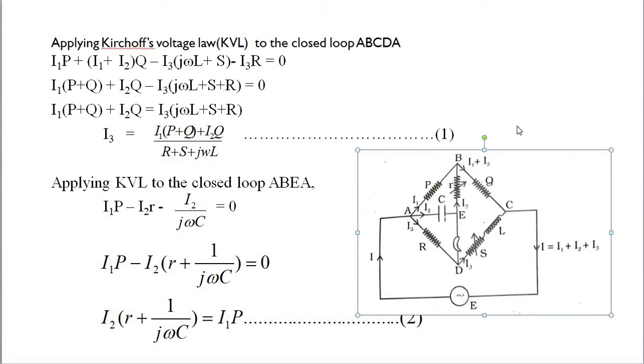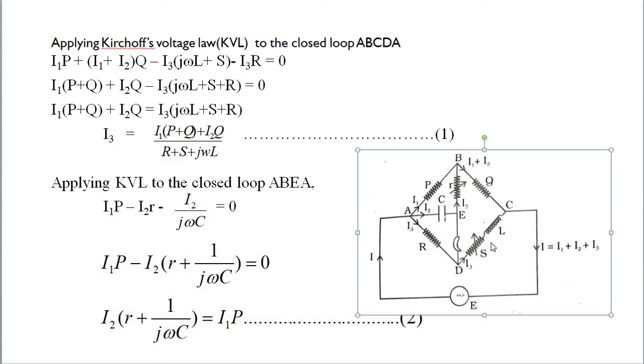So we can apply the Kirchhoff voltage law to the loop A, B, C, D, A. So this is a loop. Let us apply the Kirchhoff voltage law. When we apply it, you will get minus I1P, minus I1 plus I2 into Q. When we consider this, current is flowing in this direction.